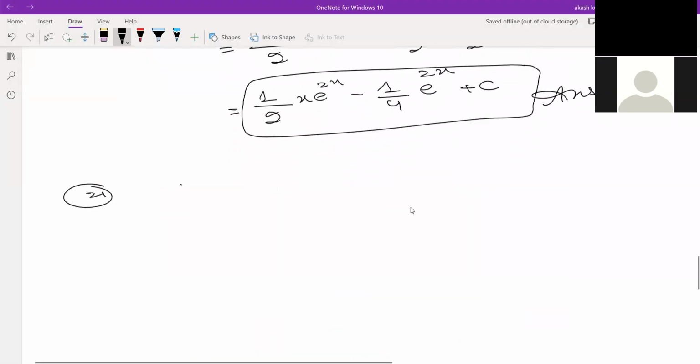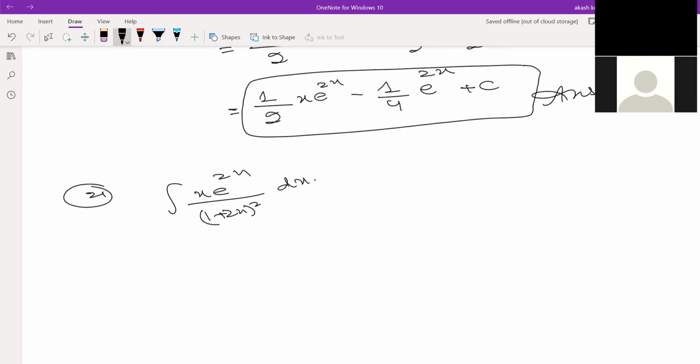Question number 21, integral of x e to the 2x over 1 plus 2x whole square dx.